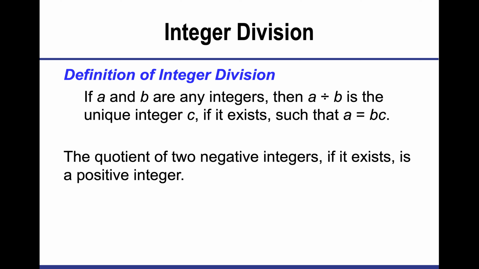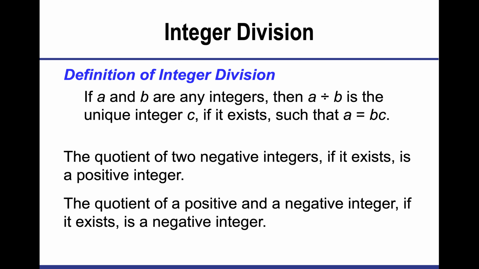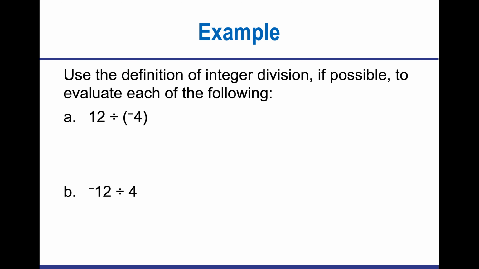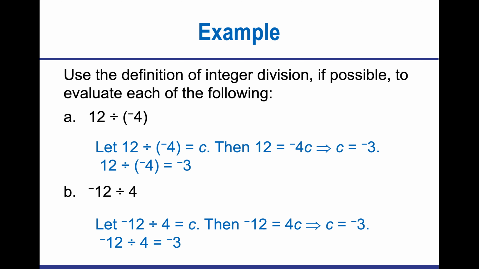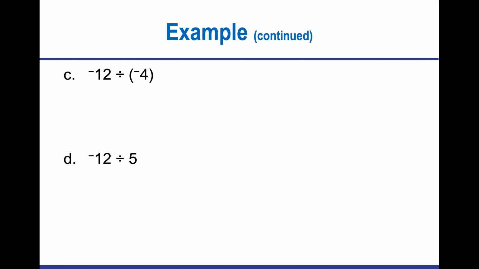The quotient of two negative numbers, if I divide two negative numbers, it's positive. If I have one negative and one positive, the answer is negative. So when you're completing the division, you're going to do 12 divided by 4 like normal, but my answer is going to be negative because I have one negative in the problem. And you should see I get the same answer from A and the same answer from B.